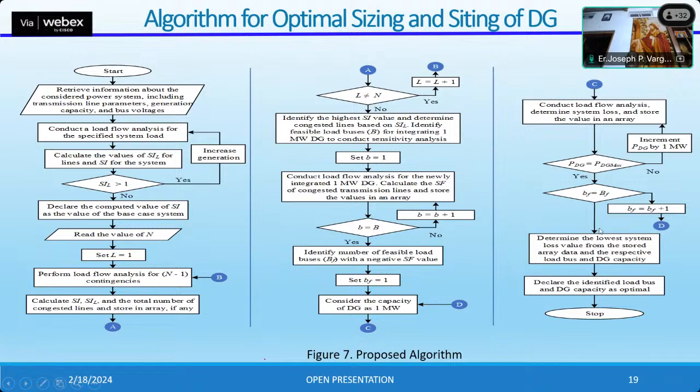The minimum system loss is found for the determination of the optimal DG location. Also, a loss minimization criterion is used for the optimal location and optimal capacity of the distributed generation. This is the proposed algorithm for optimal sizing and siting of DG, or for the optimization of solar DG.